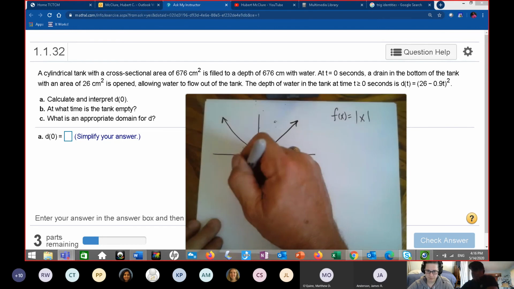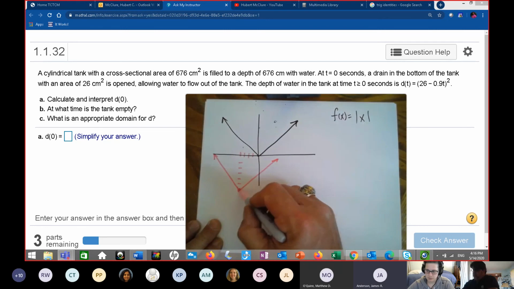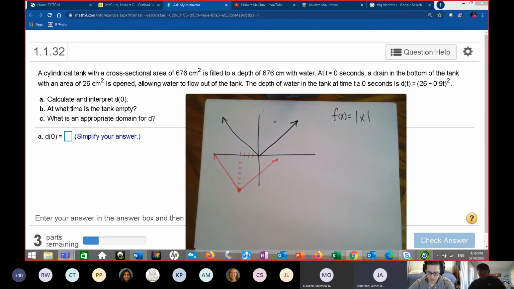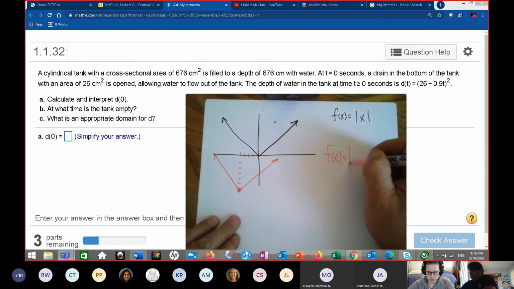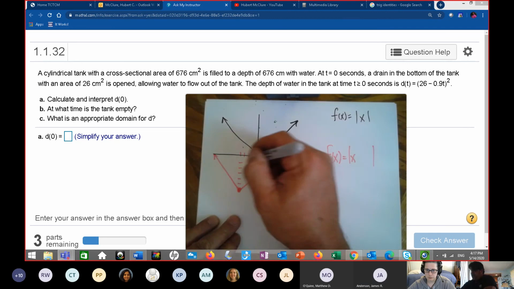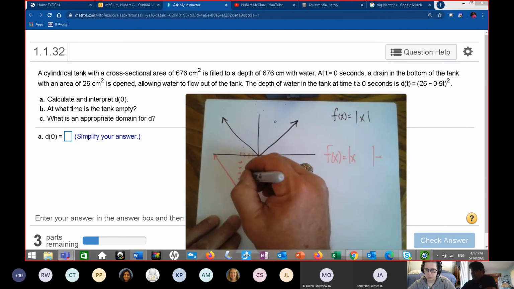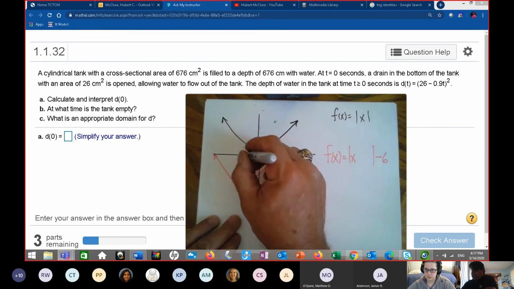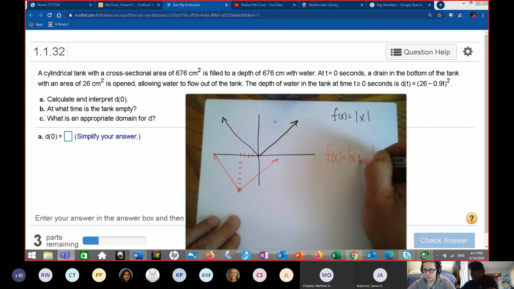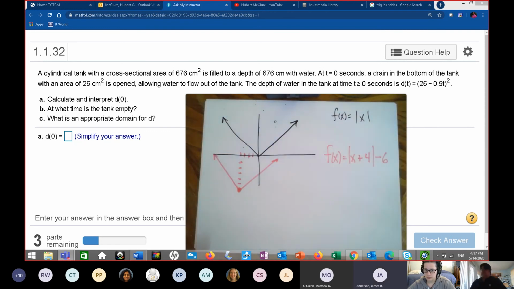And I draw the same function right here. Then I know I've got to change this and say f of x is equal to some absolute value of x plus or minus something. And then this is going to be a negative vertical shift, so that's going to be minus 1, 2, 3, 4, 5, 6. And 1, 2, 3, 4 is to the left, so that's going to be positive 1, 2, 3, 4. So there's that function.